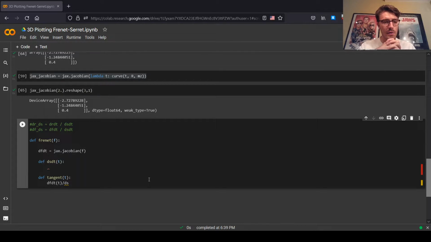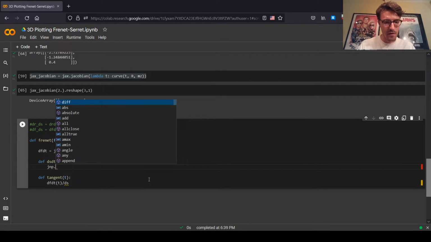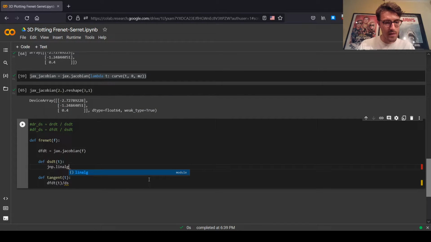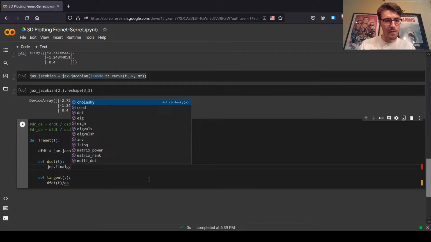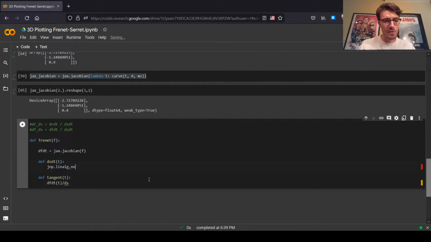So how can we get this? With what we know, we could find the vector norm of df dt. Let's see if I can remember this. Jax has something already built in here. So linalg dot, maybe it's just norm. Yep.